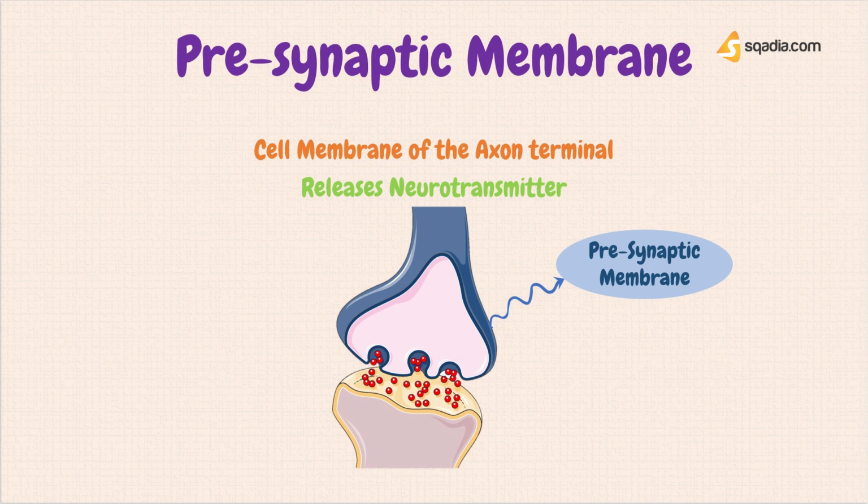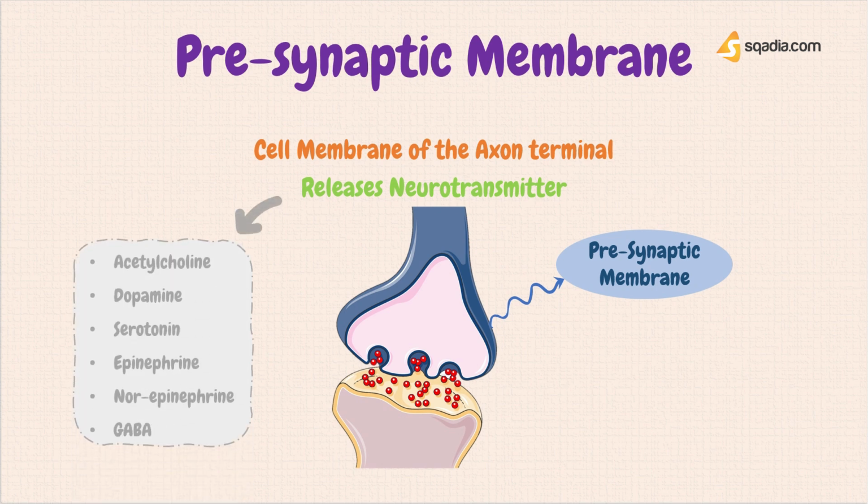These neurotransmitters can be acetylcholine, dopamine, serotonin, epinephrine, norepinephrine, GABA, or any other neurotransmitter. Right here, you can see a visual of the neuromuscular junction, and here we have our presynaptic membrane.